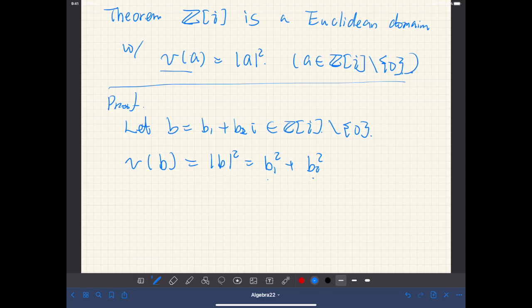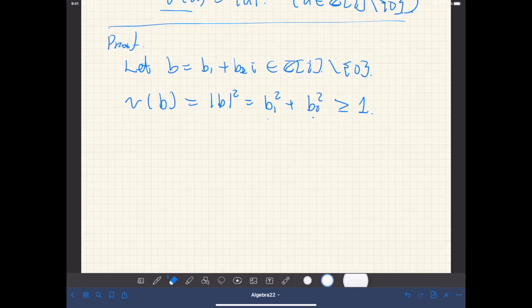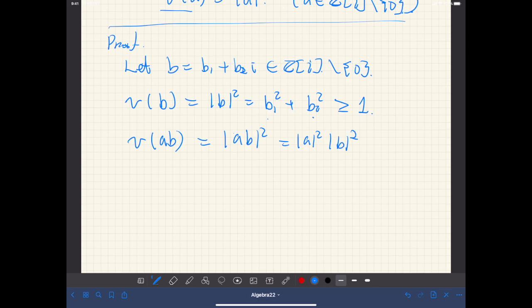Since B1 and B2 are integers, this is greater than or equal to 1. Okay, so V of AB is equal to AB modulus squared, which is A modulus squared times B modulus squared, which is greater than or equal to A modulus squared, which is equal to V of A. So the first property is satisfied.